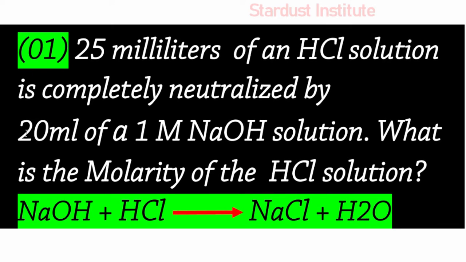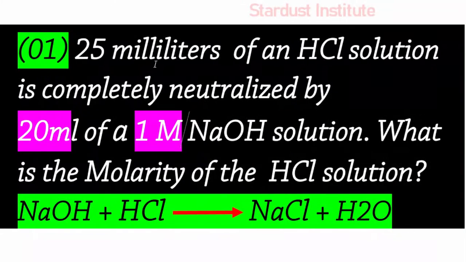The volume of this sodium hydroxide solution is 20 milliliters, and the molarity is 1M. 1M means in 1 liter or 1000 milliliters of the sodium hydroxide solution, there is 1 mole of sodium hydroxide.